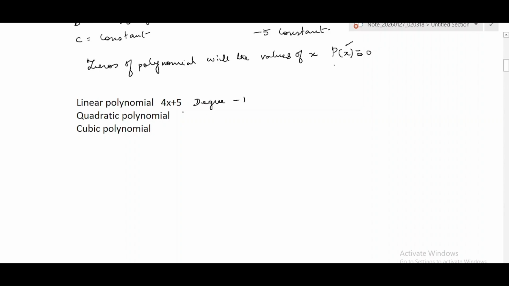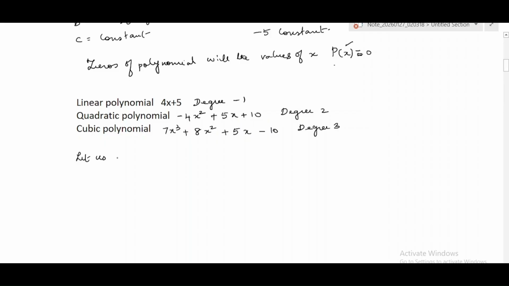In a quadratic polynomial, say suppose minus 4x squared plus 5x plus 10, the degree is 2. And for a cubic polynomial, 7x cubed plus 8x squared plus 5x minus 10, here the degree is 3.